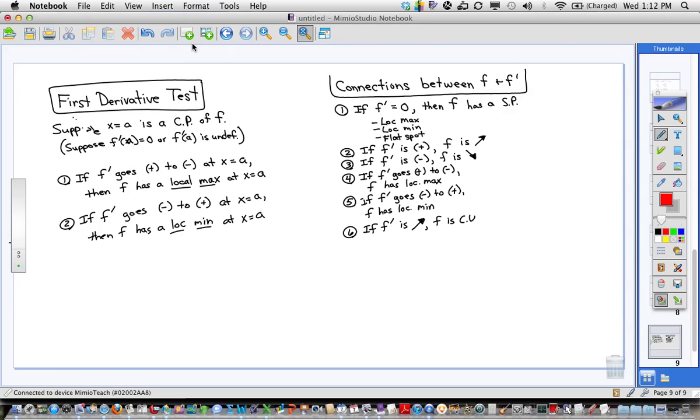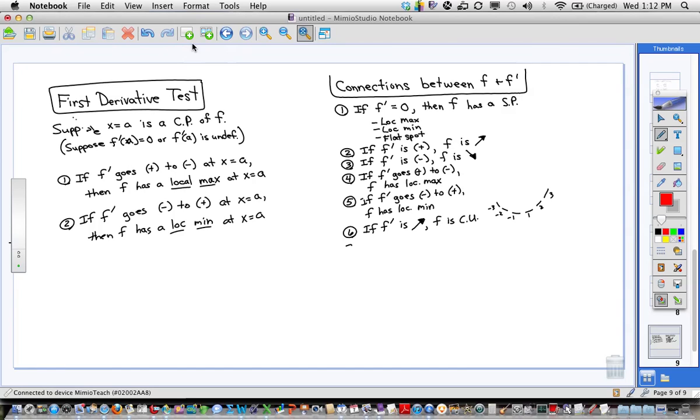What does that tell us about f? F is concave up. Yes, because that means the slopes are either negative and getting less negative, or positive and getting more positive, like -3, -2, -1, 1, 2, 3. That's increasing. Slopes are increasing. That makes concave up.